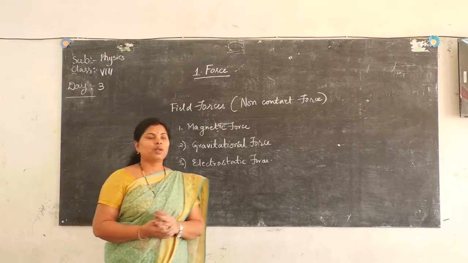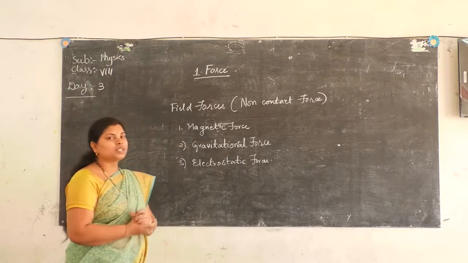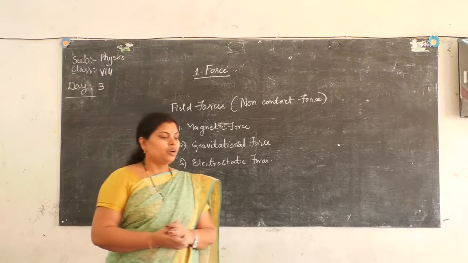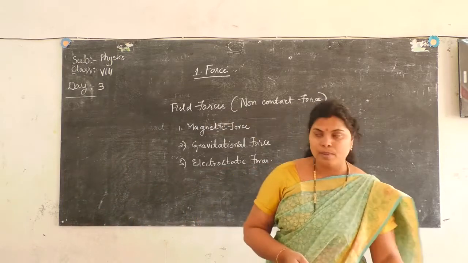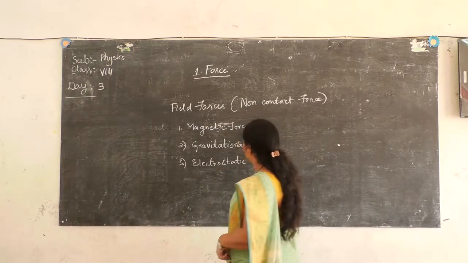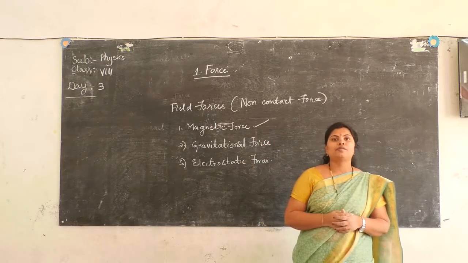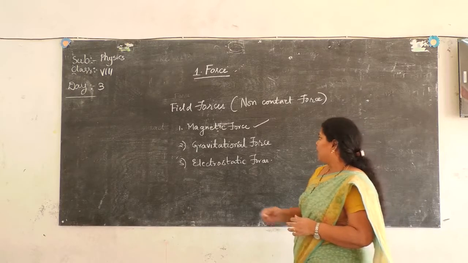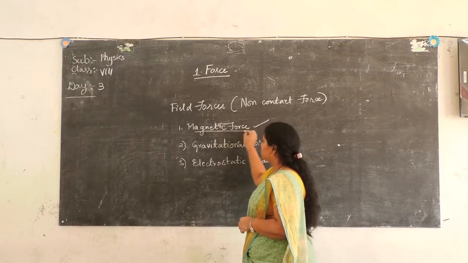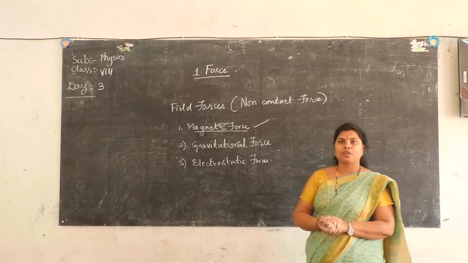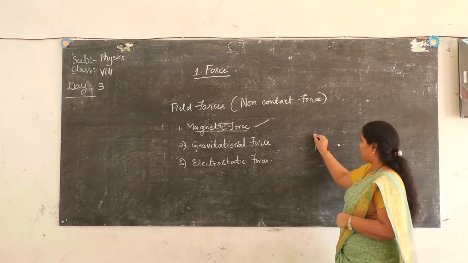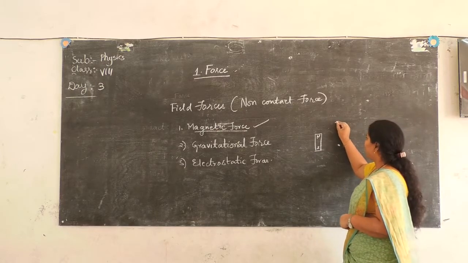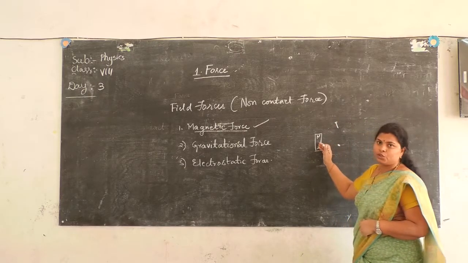Today, in this session, we will be learning about these three forces which fall under field forces with the help of examples. Let us first go with the magnetic force. You have already learned about the magnetic force in your 6th standard first unit, playing with magnets. Magnetic force is the force exerted by a magnet. When I place a bar magnet near an iron nail, the iron nail gets attracted to the magnet.